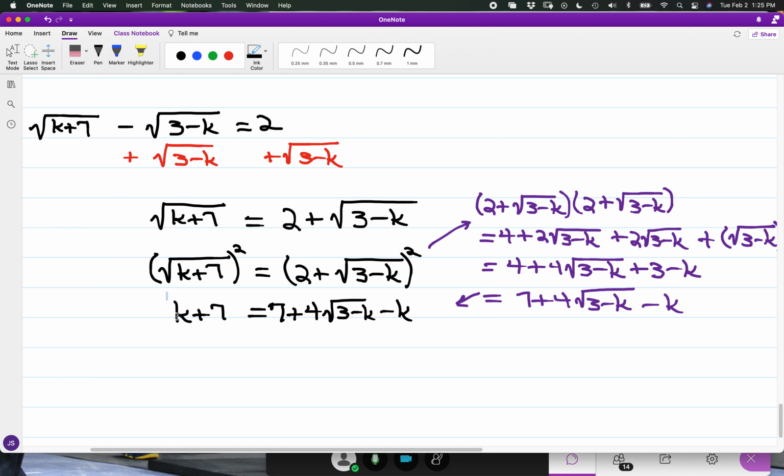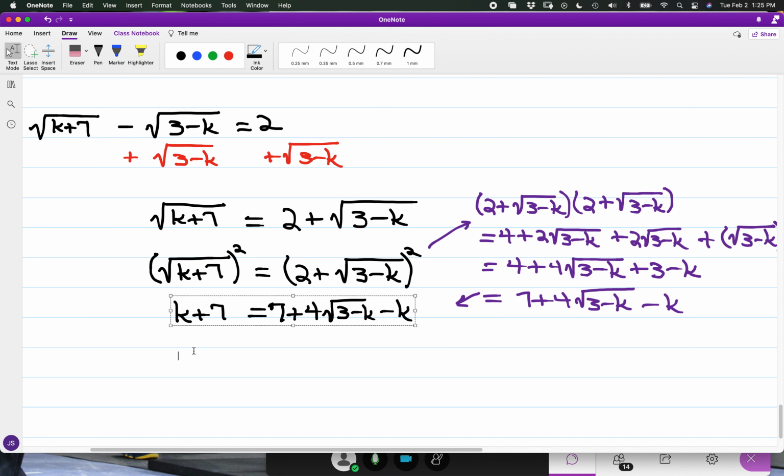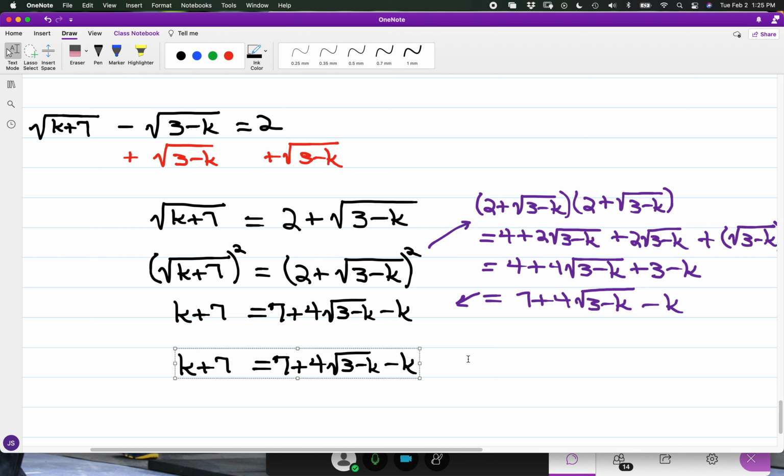So I'm just going to copy this. We're going to have like terms on opposite sides, and I'm going to isolate the radical we have here. So I'm just going to move the 7. Next we're going to have cancellation of the constants. And I'm going to move this k by adding.